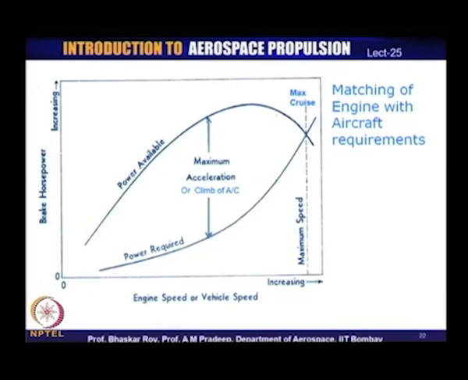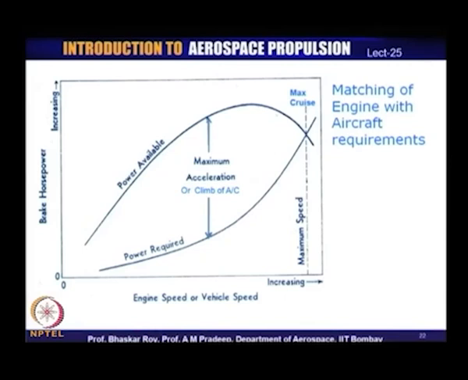So, that when an aircraft takes off and then finally reaches a cruise, the power available and the power required are matched. So, typically cruise will be somewhere here, actually a little before this, and we shall talk about that again later on, how the matching of the aircraft and engine is done.